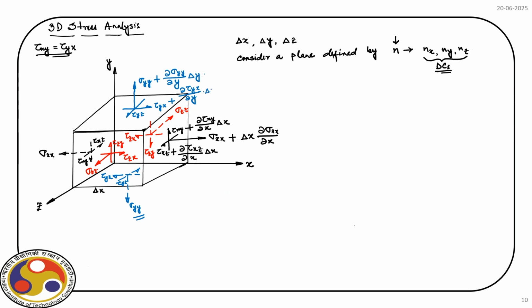Note that now, because we have to prove tau x y is equal to tau y x, on this face we have tau y x, that we do not change. Okay. So, for the other components, let us complete that exercise. So, here it will be tau y z plus delta tau y z.